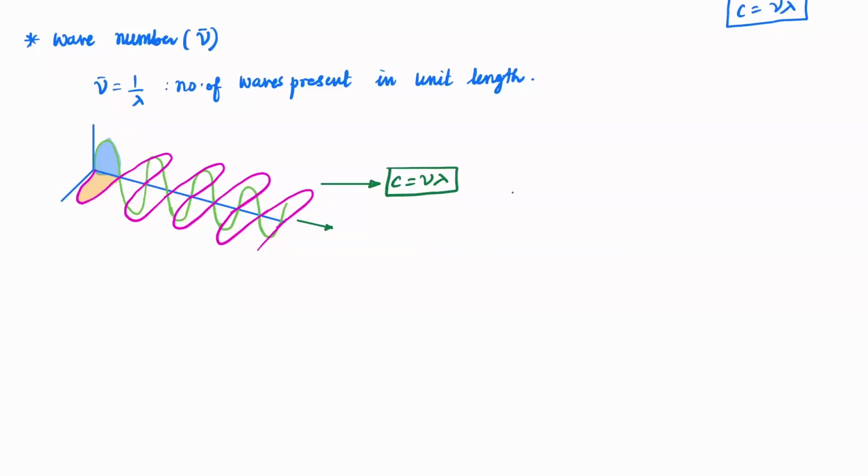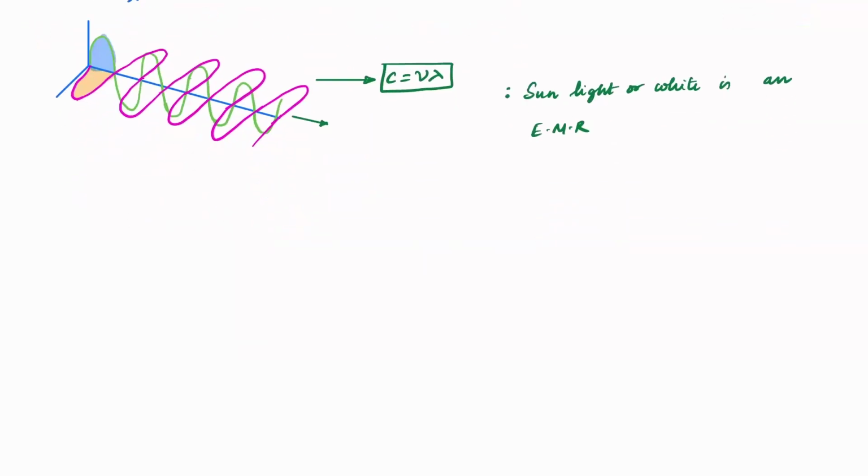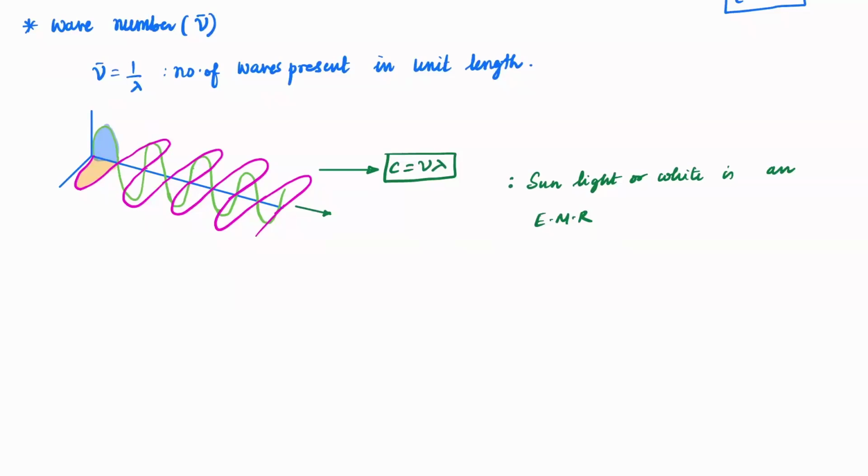And sunlight or any white light is an electromagnetic radiation, EMR. Remember what EMR is? Electromagnetic radiation, a wave which has both electrical and magnetic components present in it.